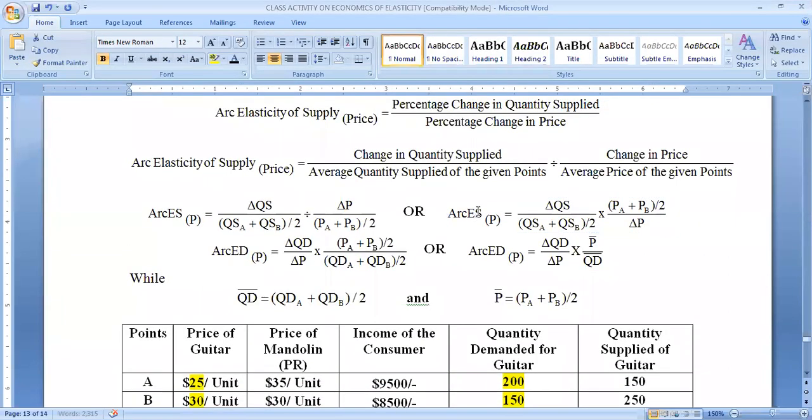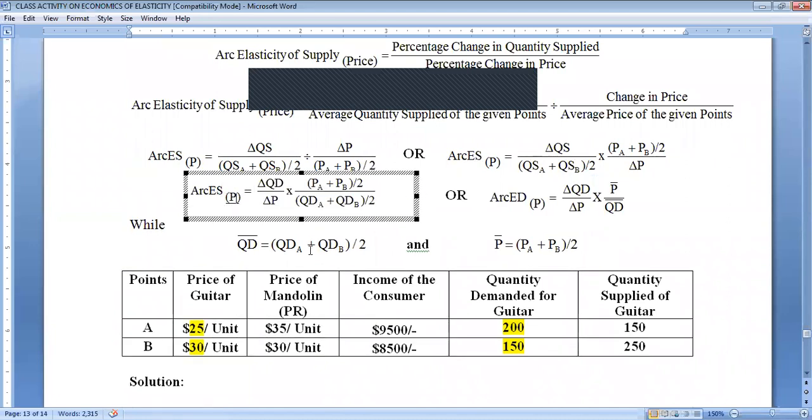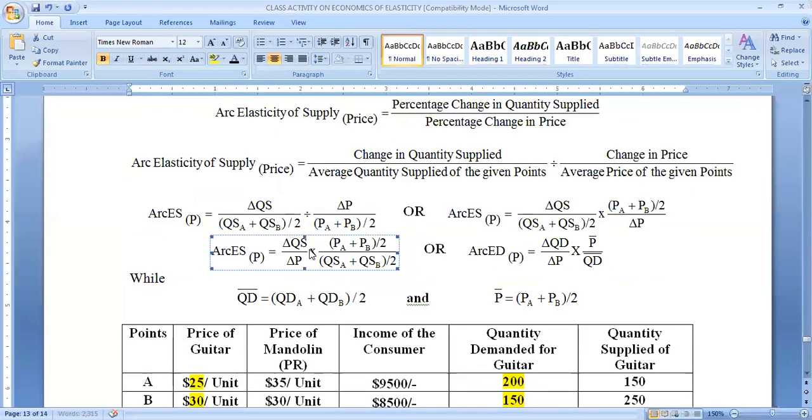Right? So the simplest formula will become arc elasticity of supply with respect to price equals delta QS over delta P multiplied by average price of 2 points divided by average quantity supplied of 2 points, right?